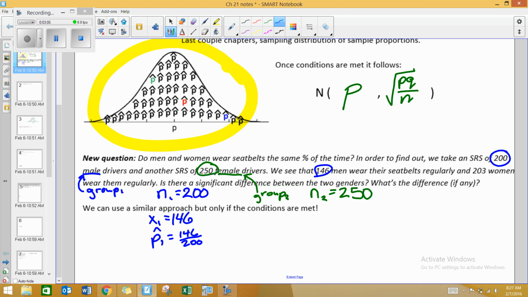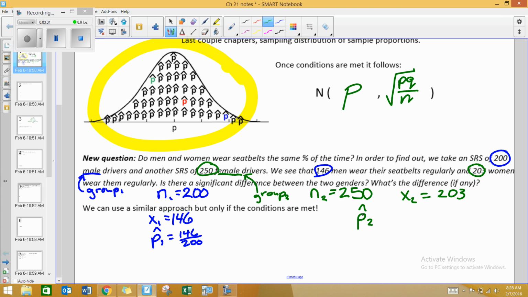And for group 2, for the female drivers, I saw 203 out of 250. So X2, the amount of successes I saw in that second group, would be 203. And now you'll see later on why I'm writing out the number of successes, and that has to do with how we enter it into the calculator.